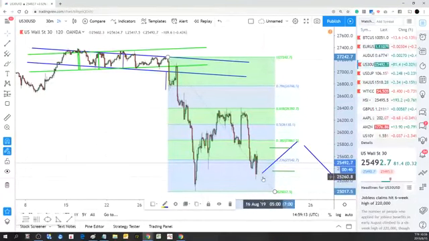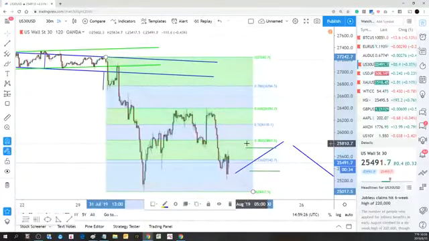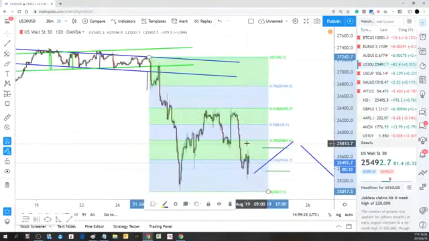So this is why I said the market is likely to hit this area again. But so far it is still not yet going up because the overall market is going down. But I'm still hoping we can see this later.